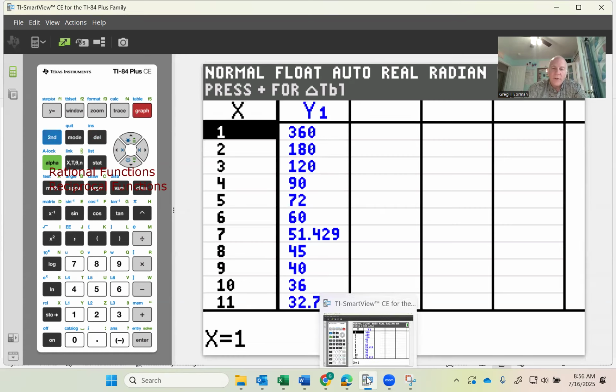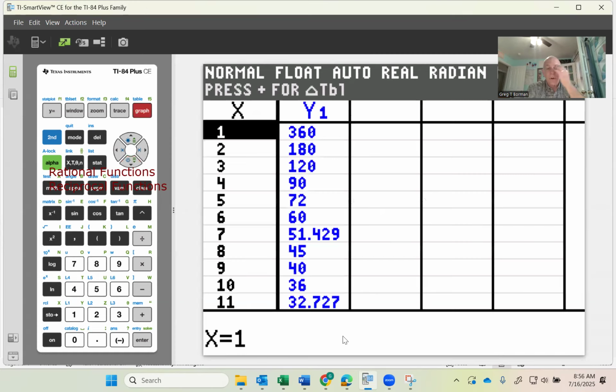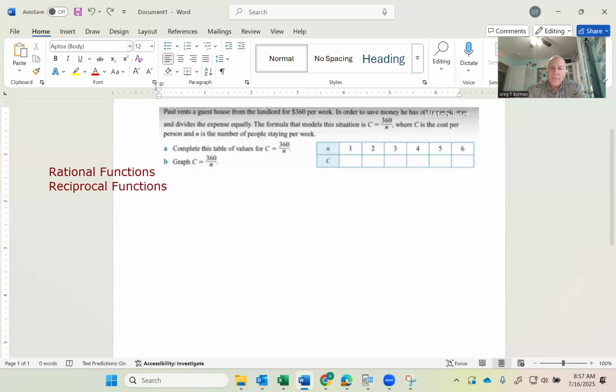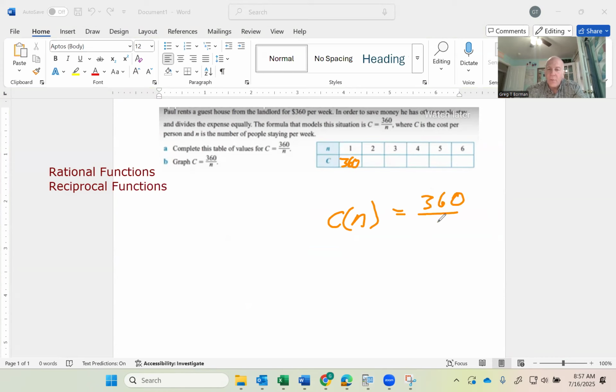Okay, so let's go to the table, and we can see that when there's only one person there, when it's just Paul, he pays all $360. If there are two people there, so he has one other person with him, now two people can split the cost, and it's 180 bucks each. If three people, 120, and so on. Again, the function is C of n equals 360 over n.